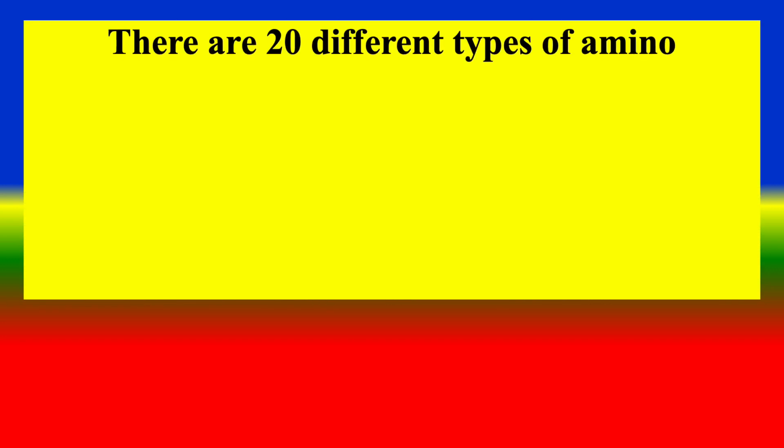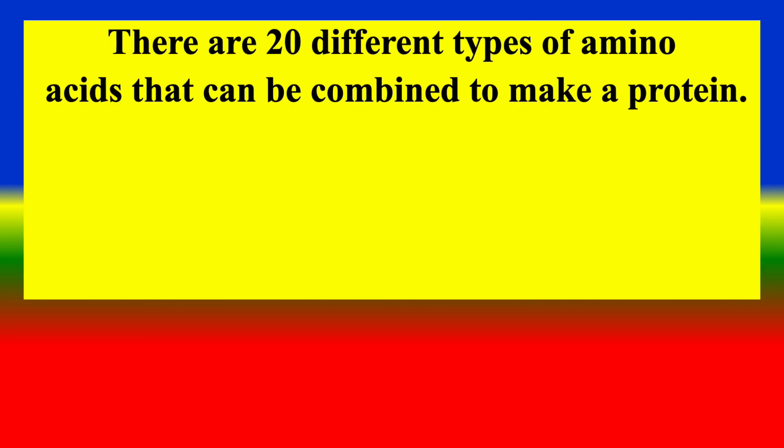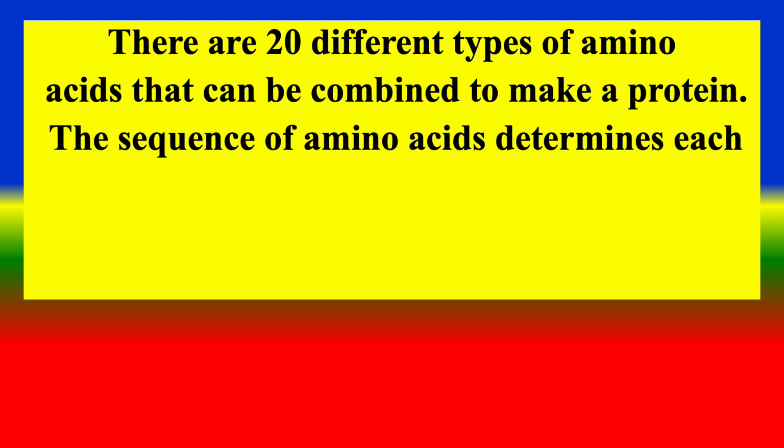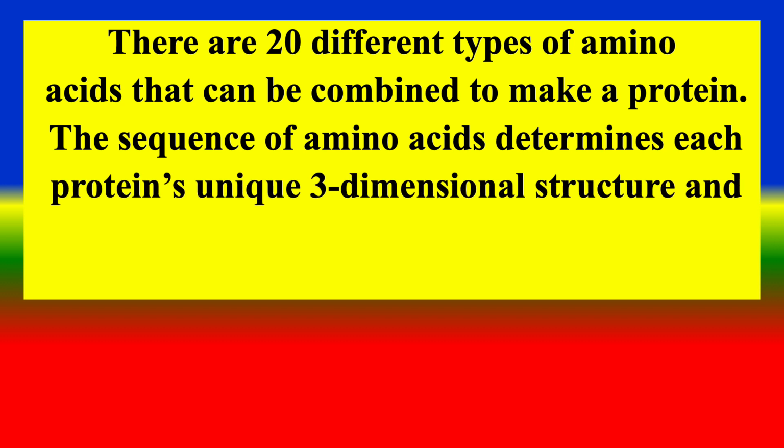There are 20 different types of amino acids that can be combined to make a protein. The sequence of amino acids determines each protein's unique three-dimensional structure and its specific function.